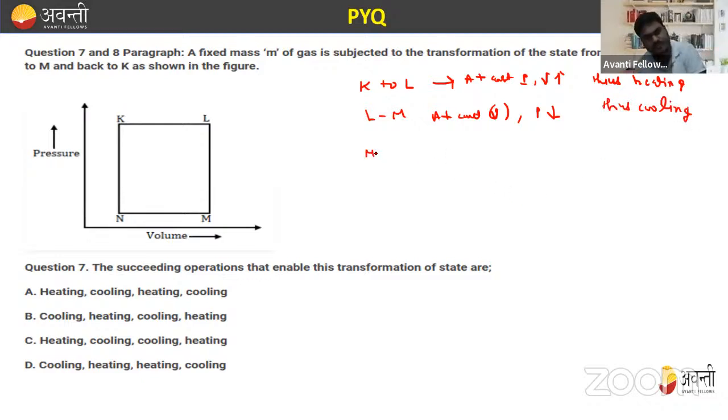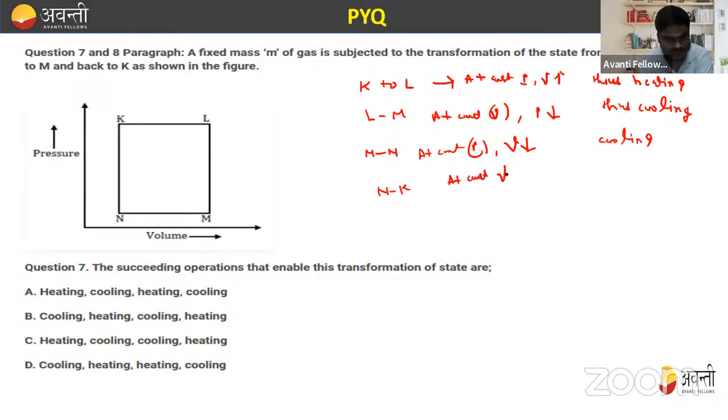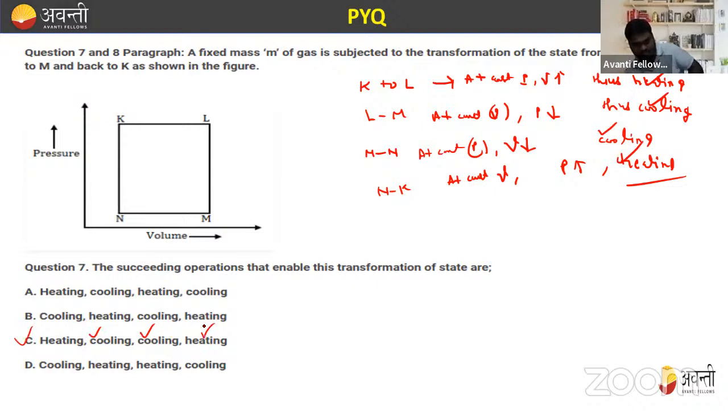Now from M to N at constant pressure, volume decreases, then cooling. Again from N to K at constant volume, pressure increases, thus heating. So what we get is heating, cooling, cooling, heating. Which is the correct option, beta? That is C: heating, then cooling, then heating. So option C is correct.